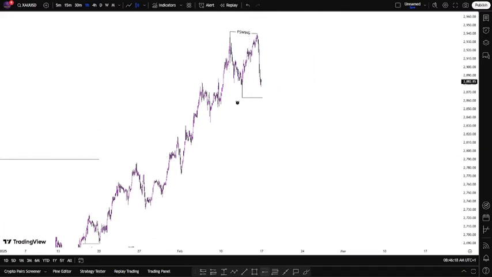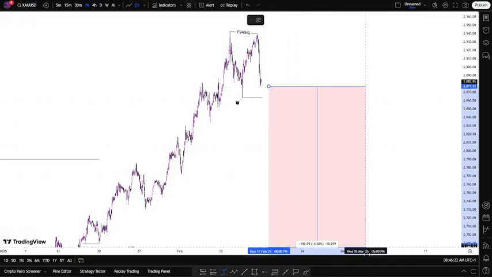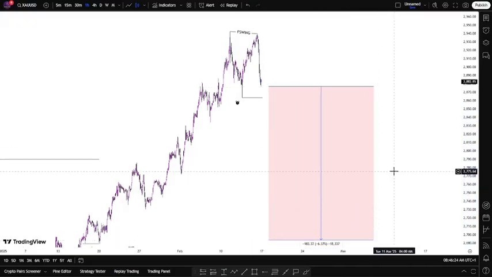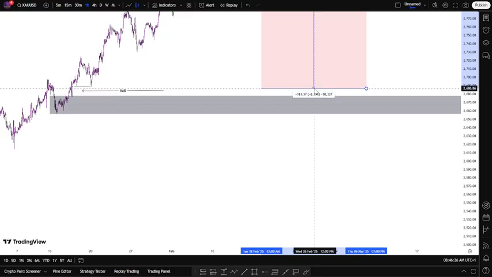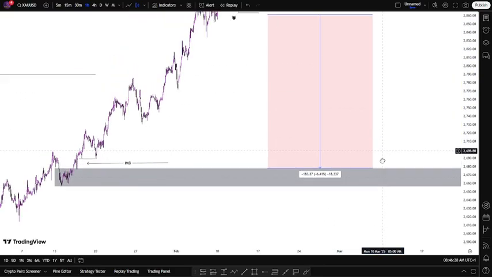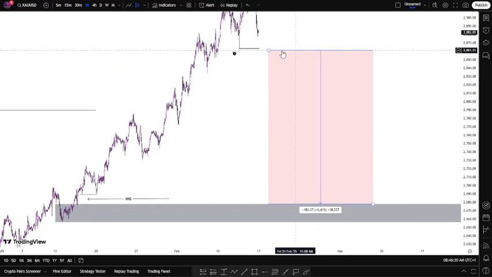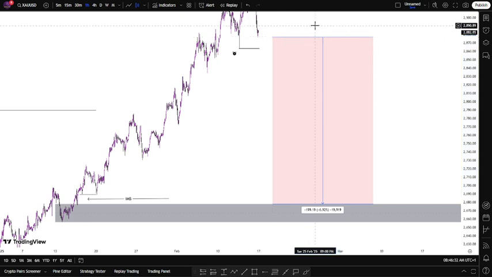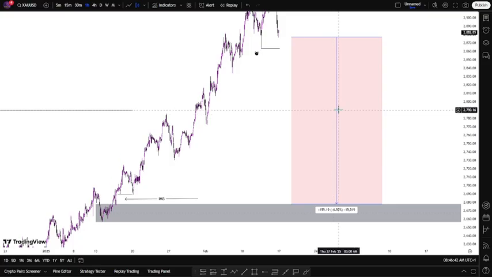And you see, from this area down, we have about 1,991 pips to work on, pip range to work on, which is money.